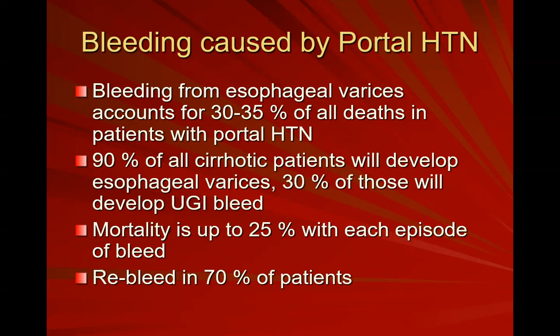Okay? And the mortality is up to 25% with each episode of bleeding. So again, the prognosis of the upper GI bleeding depends on the comorbidities, and especially here, the portal hypertension is like a serious medical condition, and also the recurrence of bleeding. Okay?